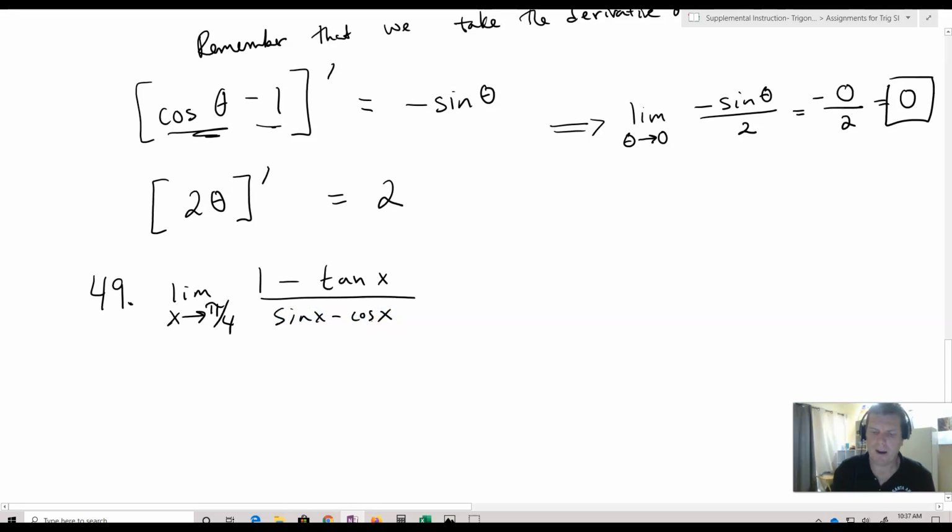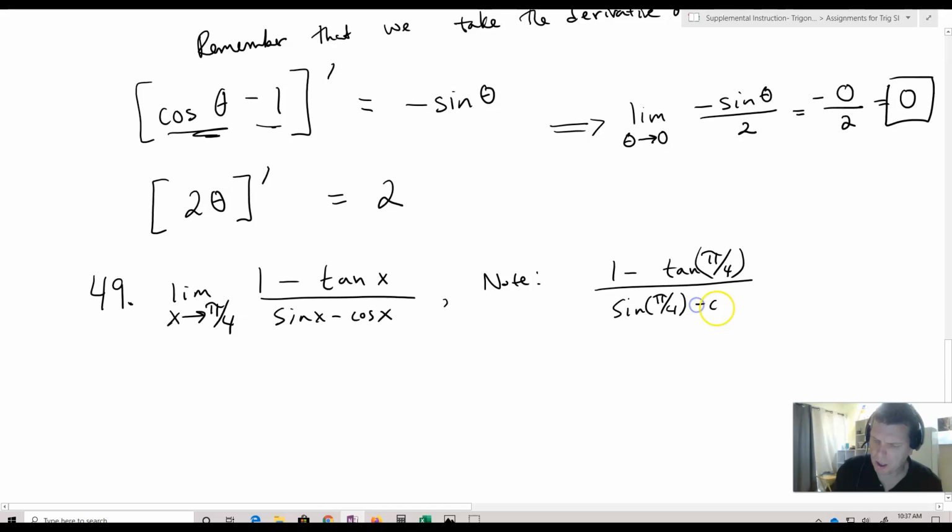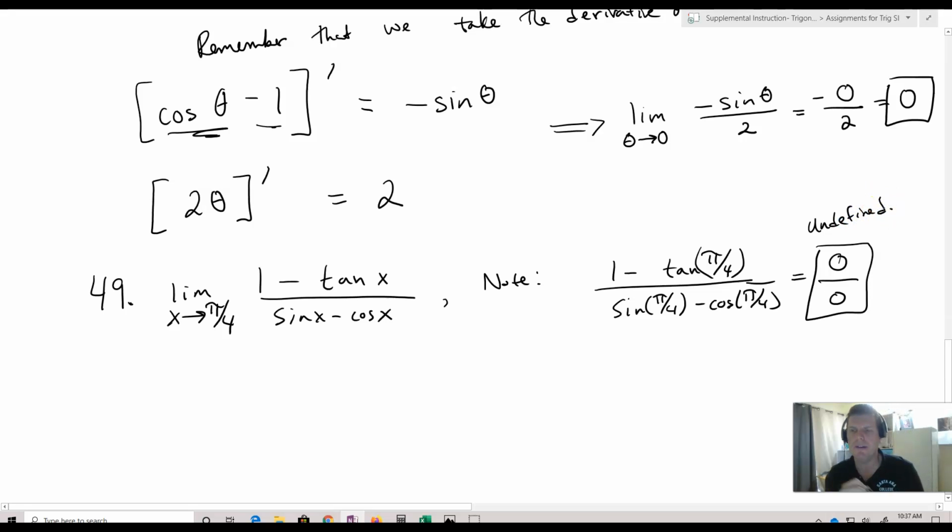Now, what I'm going to notice is that 1 minus tan of pi over 4 divided by sine pi over 4 minus cosine pi over 4 is simply equal to 0 over 0. So again, we have an undefined form. Given that it's undefined, that means I'll use L'Hopital's.